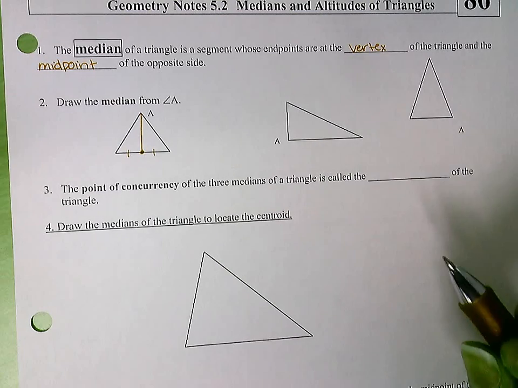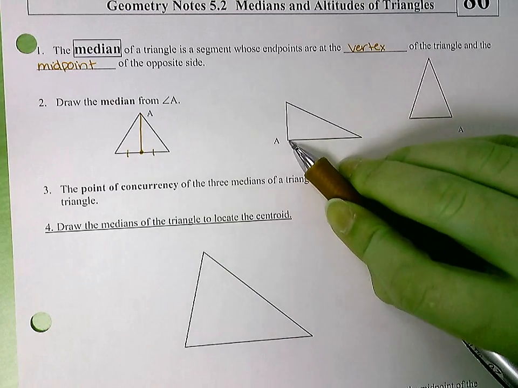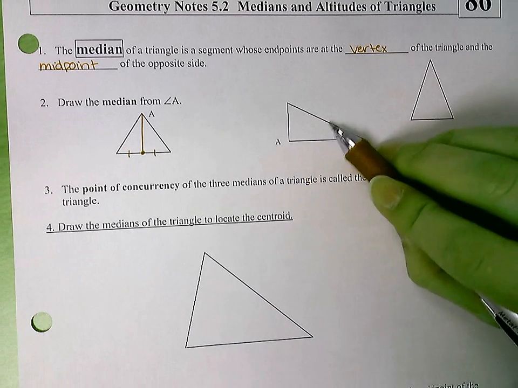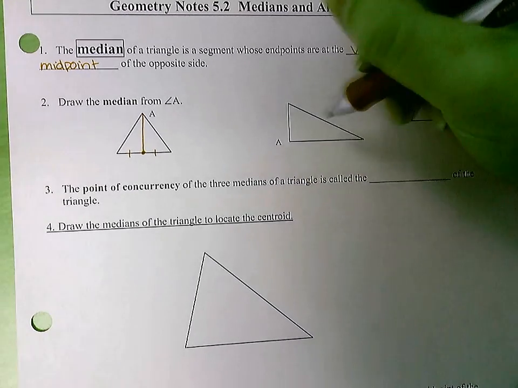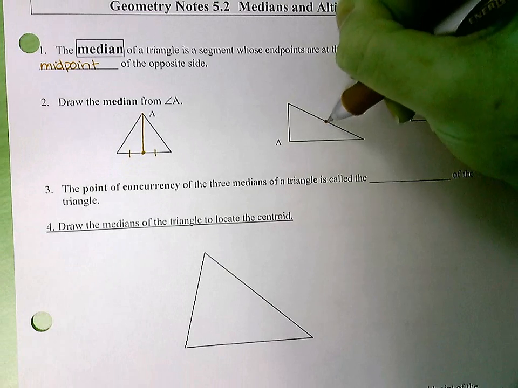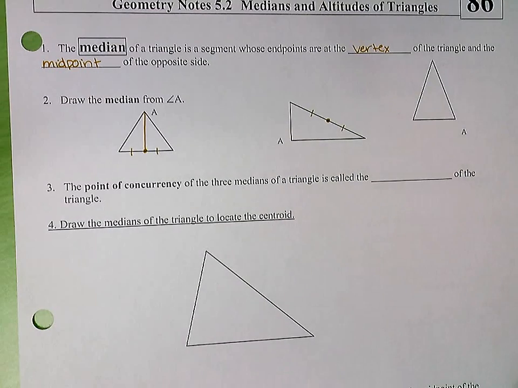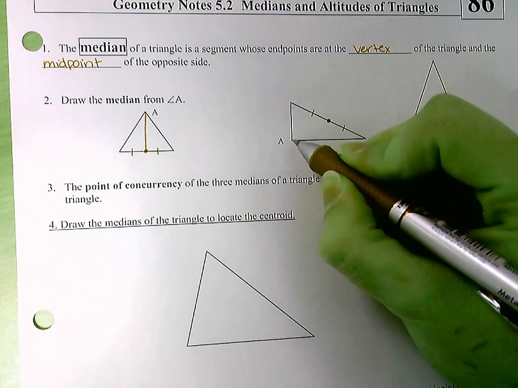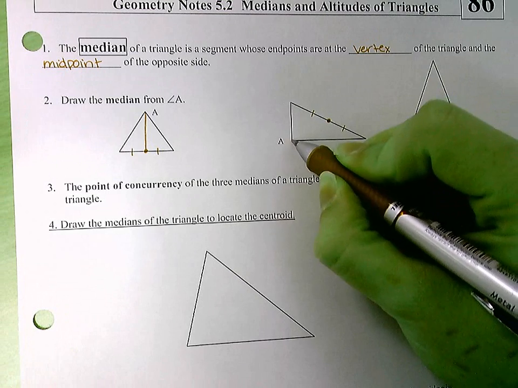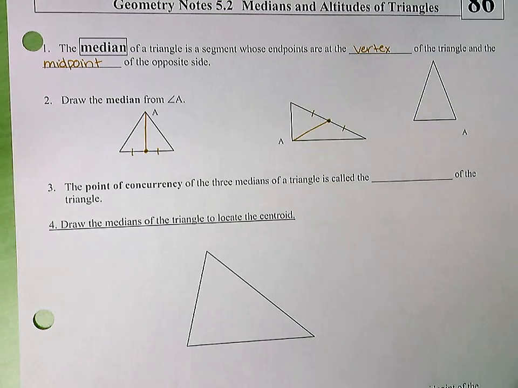Same thing in our second triangle here. We're going from this angle, so we need the midpoint of that side opposite. And again, we're just going to estimate here and then draw in our congruency markers so it is a midpoint. And then all we have to do is connect that angle to the midpoint of that opposite side.